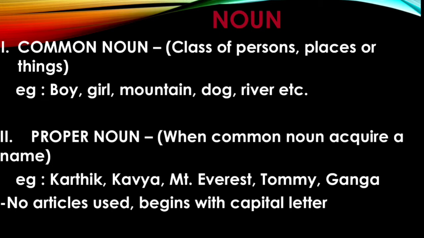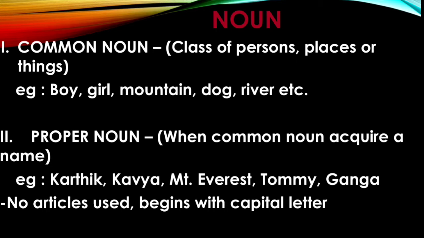When they acquire a name, like boy, when he has this name Karthik, he is a proper noun. Girl, when she is a common thing. When it acquires a name like Kavya, it is proper. So it is very simple to understand. When it is commonly used, there are many mountains, but when we talk about Mount Everest, the particular one, it becomes proper.